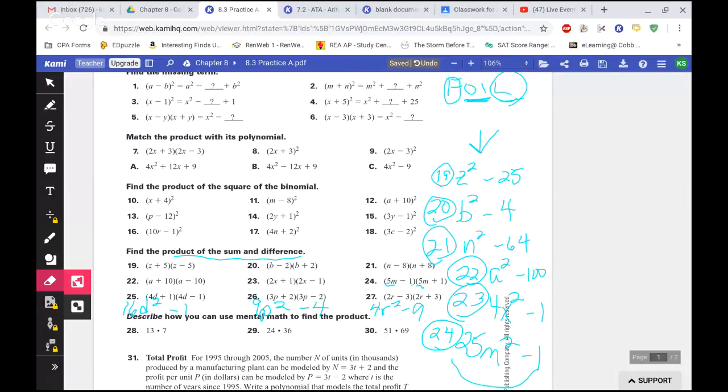Hey, could you do some of the ones that are in 1 through 6 at the top? Yeah. You're just supposed to find that middle term on 1 through 4, and then the final term on 5 and 6. So the middle term is the one that, in class, I called the doubled term.